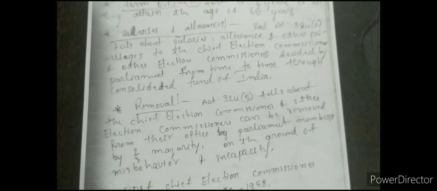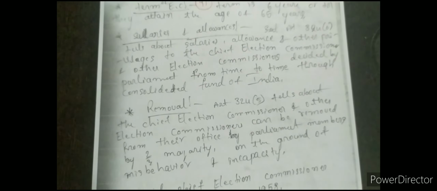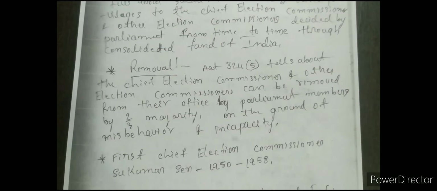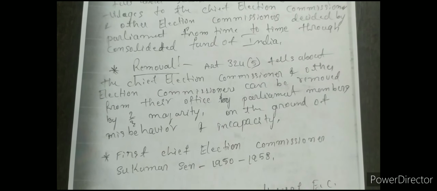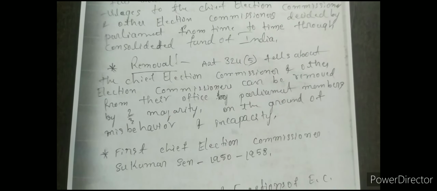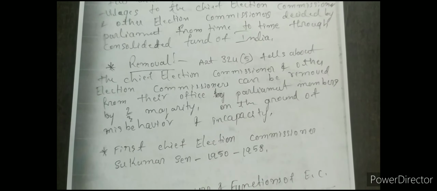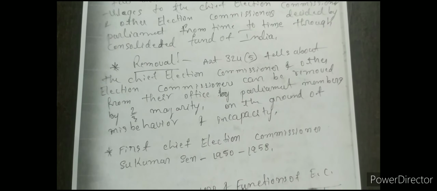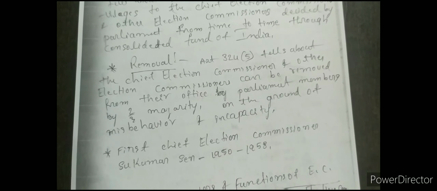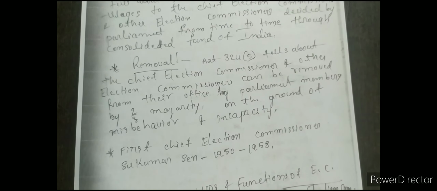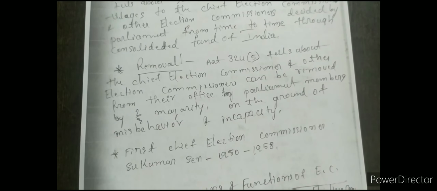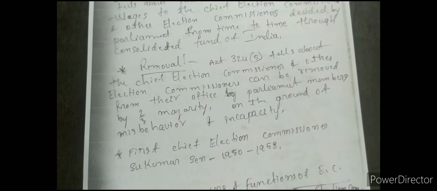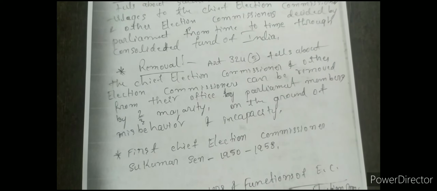Next, removal or impeachment of election commissioners. Article 324(5) tells that the Chief Election Commissioner or other election commissioners can be removed from their office by the members of Parliament by a 2/3 majority on the grounds of misbehavior or incapacity in their duty.